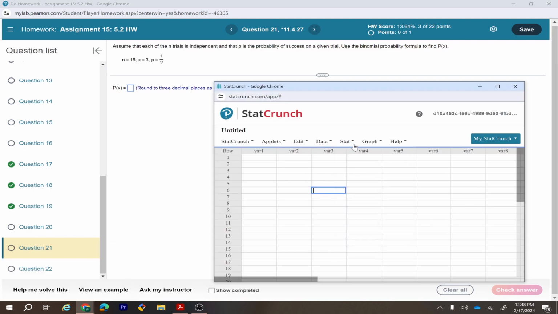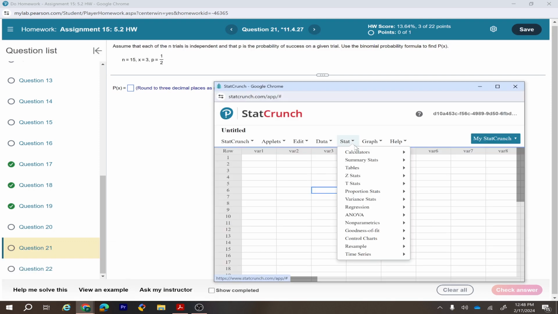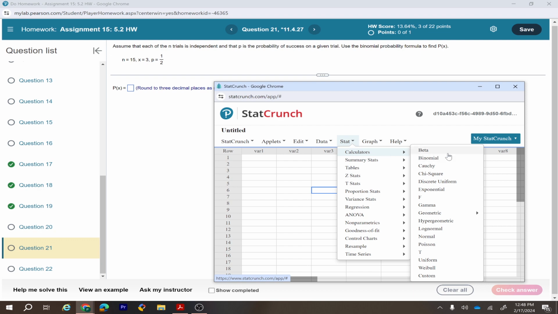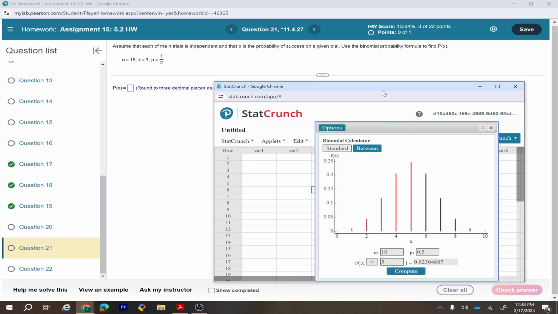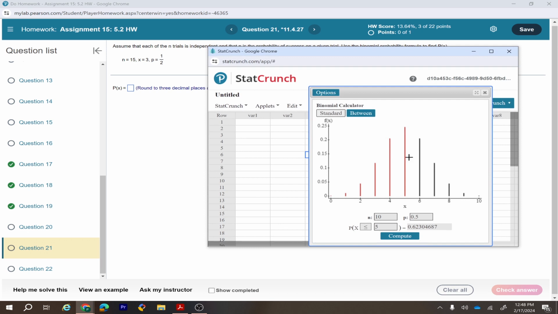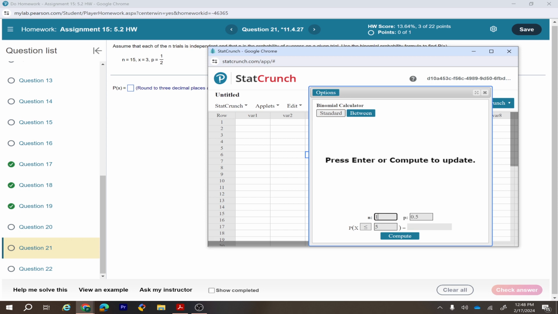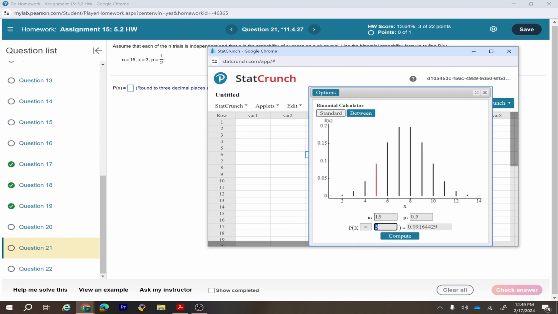After opening StatCrunch, click Stat, Calculators. Go to Binomial. That will help you find the binomial probability distribution. In this calculator, this is the histogram. You have to choose the value of n. In this case, it's 15. You have to put the value of probability. In this case, it's a half. It's already given. We would like to find the probability of success when x is exactly 3. So for P(X), instead of less than or equal, you have to choose exactly 3.